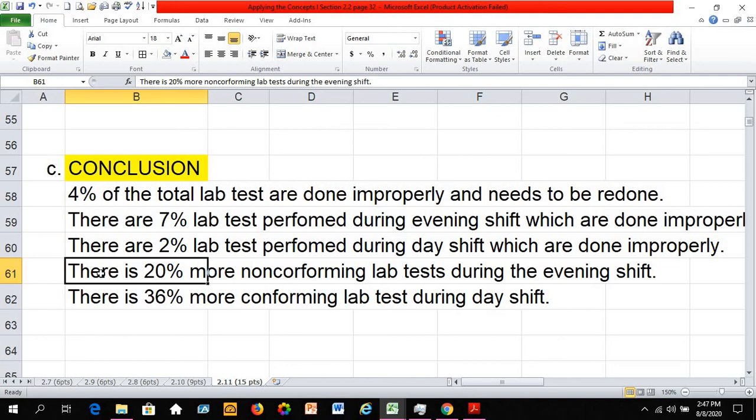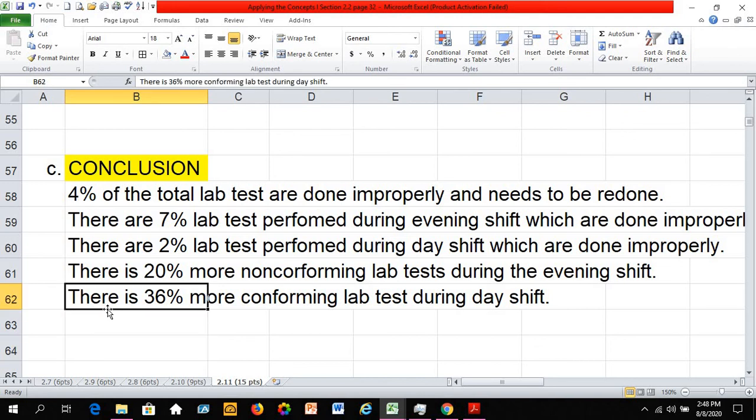So it also shows that there is a higher value of 20% tests that need to be redone during the evening shift. So again, these two are the most important conclusions of this problem set, because this will actually help the director to make proper decisions. Then last conclusion: there is 36% more conforming lab tests during day shift.